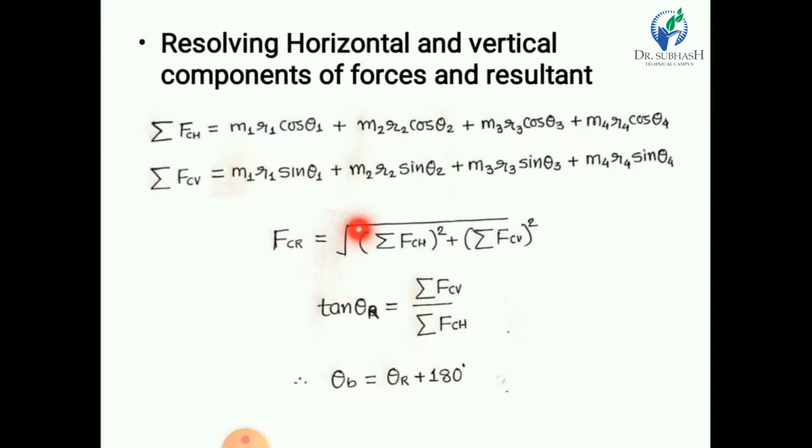From this equation we obtain the magnitude of the resultant centrifugal force, and from this angle we obtain the angular position. So we know the angular position and magnitude of the resultant unbalanced force. So we directly add the balance mass in the opposite direction to the resultant force.